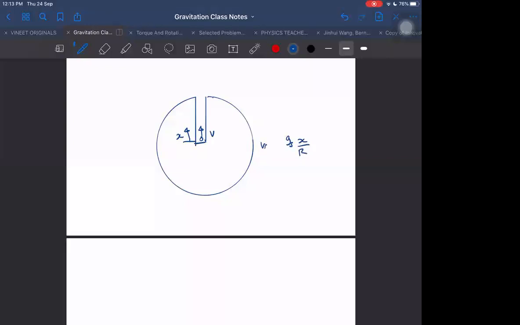But I have to write v dv by dx this time as minus of this. Why minus? Because it is returning. Then integrate it, putting limits of v from the initial velocity to 0.